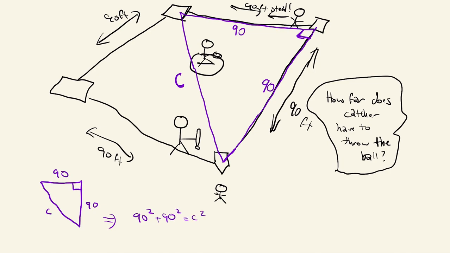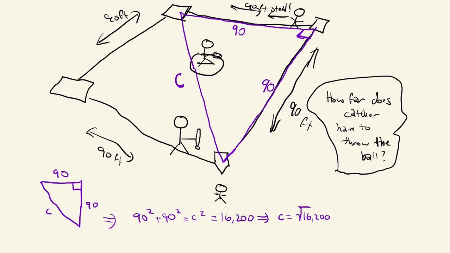Then you can plug into a calculator. 90 squared plus 90 squared is 16,200. It's a big number. So this is in feet now. And then we just take the square root of that.